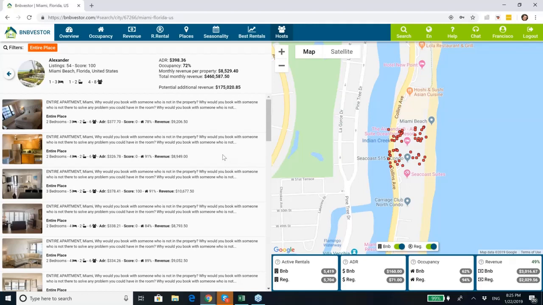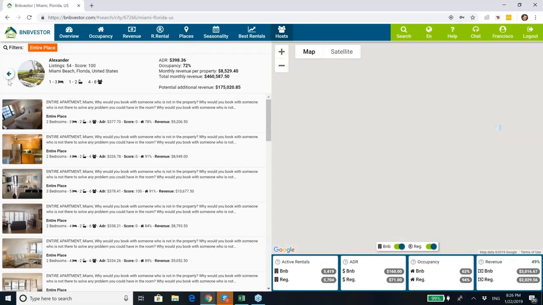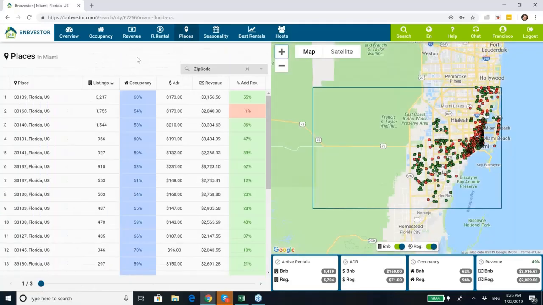The system tells you two things. The system tells you where is the best rental, which is the best type of property you can get, and the system will tell you where you can place that actual rental. And you can see the place here, right here in places. For instance, in Miami, you go by zip code.